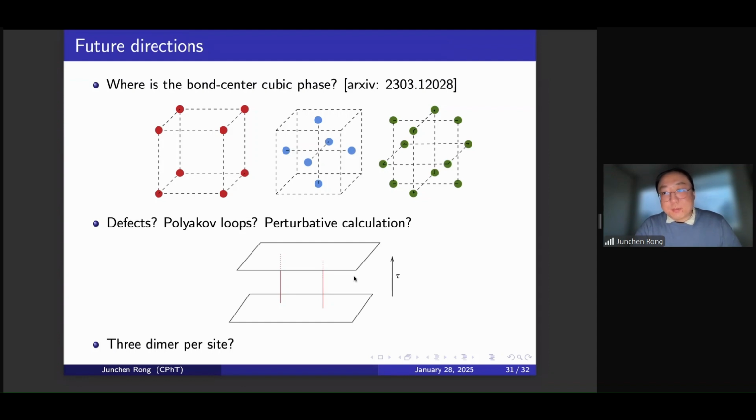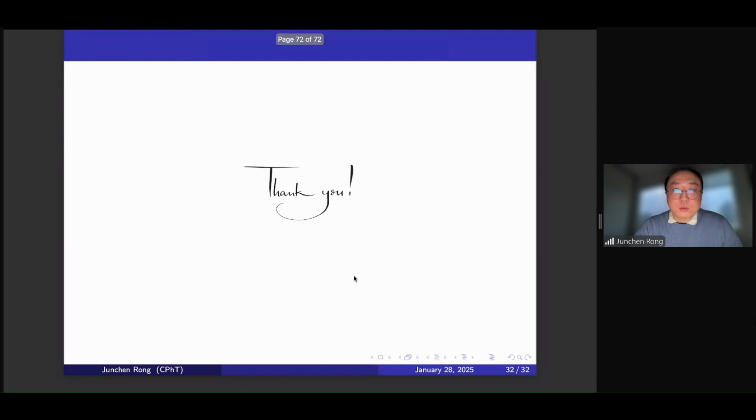It's something you can think about. And in the dimer case, the CFT is actually the O4 CFT. I told you in the loop case, the CFT is the cubic CFT. And the question is, in the 3 dimers per site case, which CFT it is. I don't know yet. So that's it.